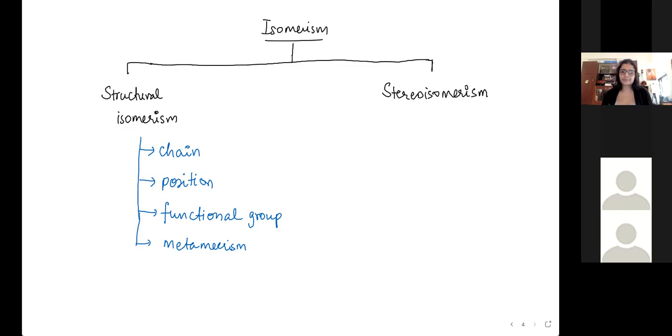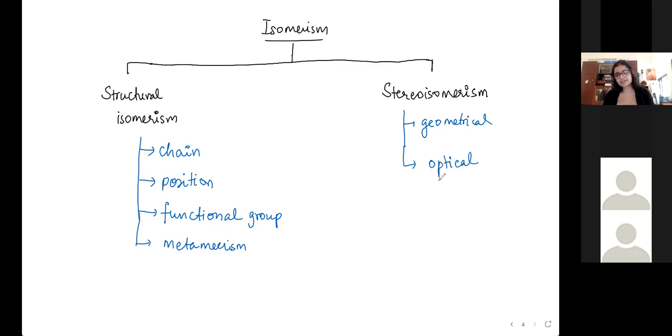Okay, so that's stereoisomerism. In it you have two types. One is geometrical isomerism, and another is optical isomerism.